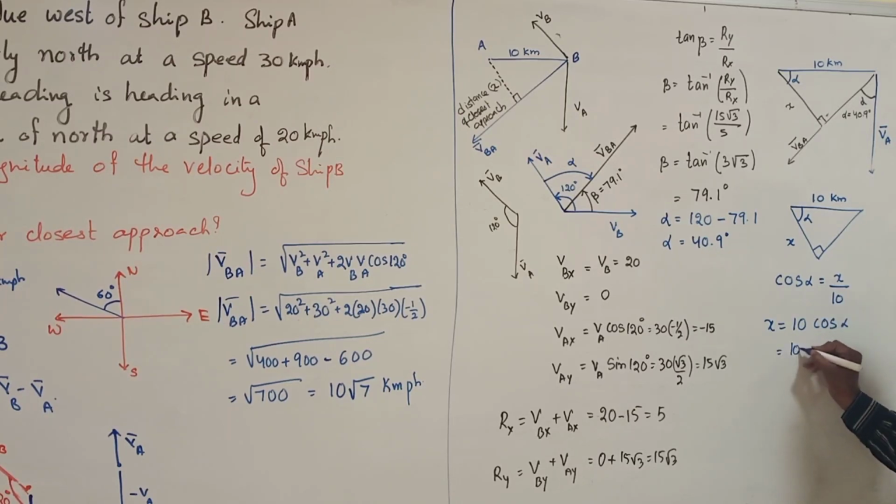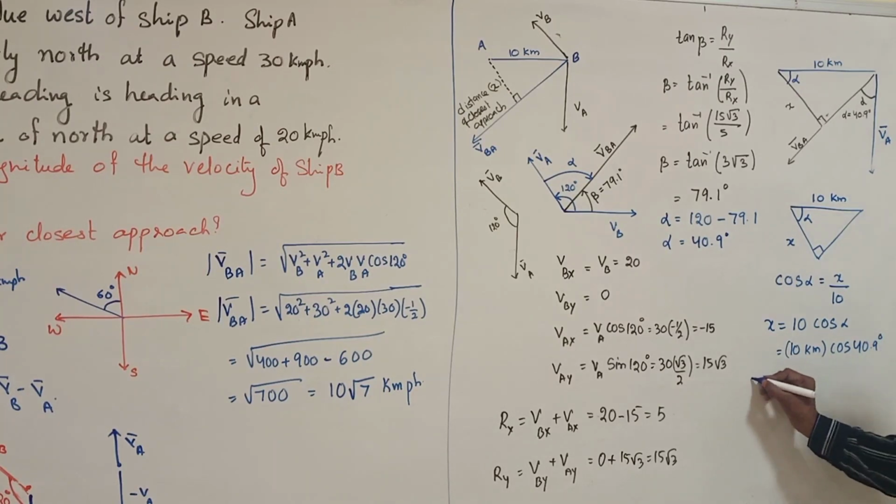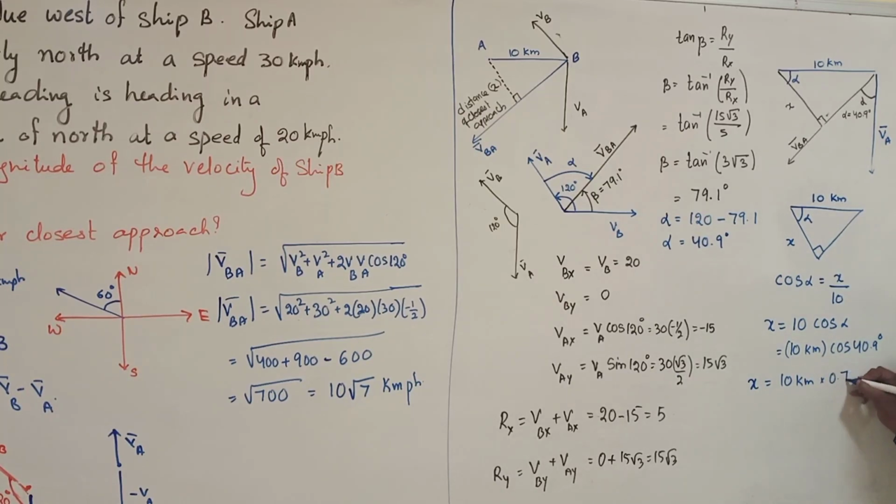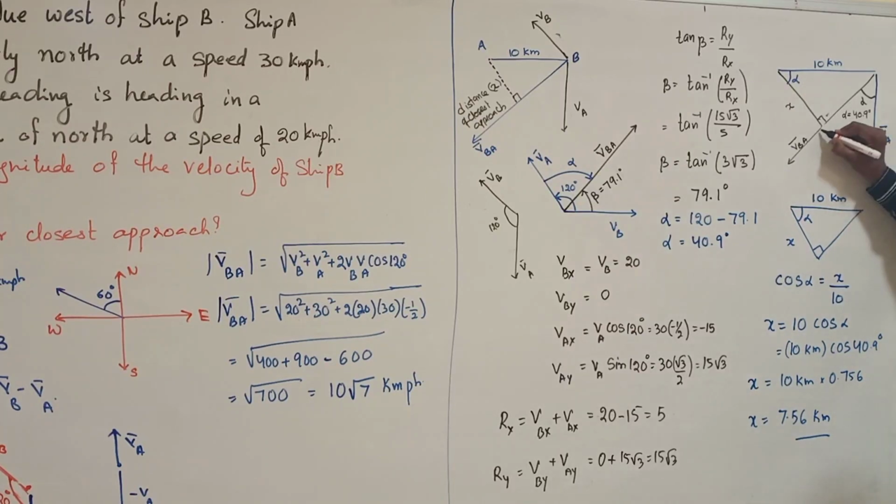Here 10 kilometers, and alpha is 40.9 degrees. So x is 10 kilometers into approximately 0.756. Now x is equal to 7.56 kilometers, which is called the distance of closest approach. Observe closely and verify it again, and you will come to understand.